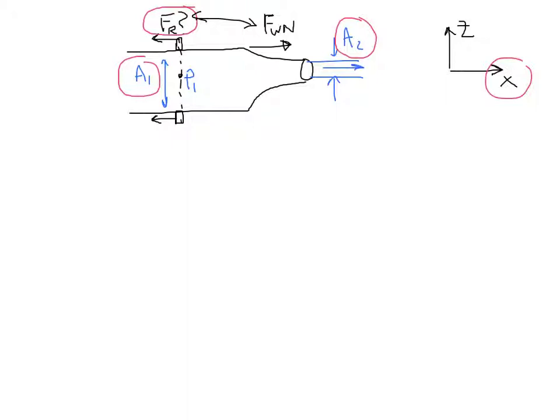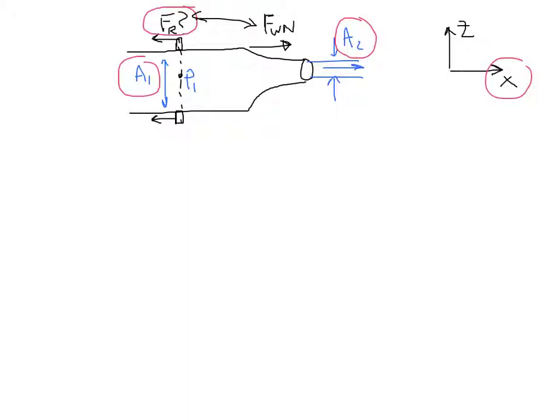Okay, next up, we want to define our control volume. I'll do that in green. We need to define a control volume that passes through points that we know something about, but also isolates the unknowns. And the unknowns here are the force that the fluid is exerting on the right-hand side of this nozzle, from where the force is being applied at the collar, say.